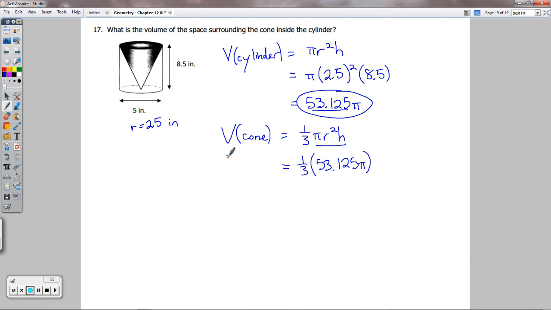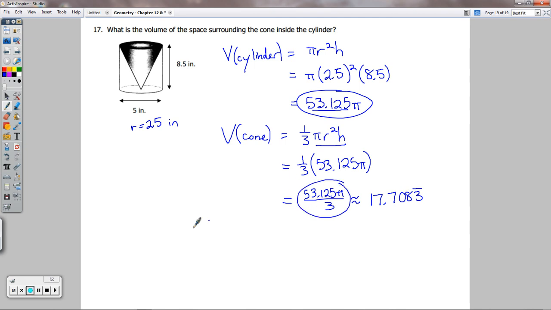And if I type that into a calculator, I could just say it's 53.125 pi over 3 if I wanted to give an exact value, but that's about 17.708. It's actually that exactly if I put the repeating symbol above the 3.